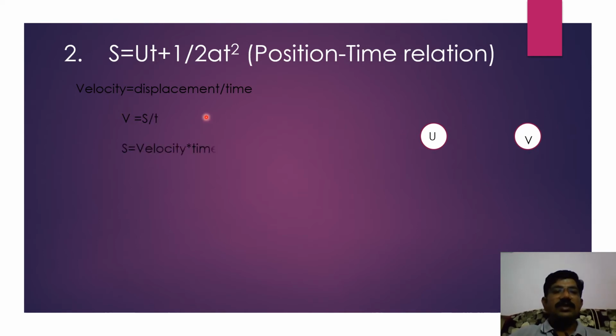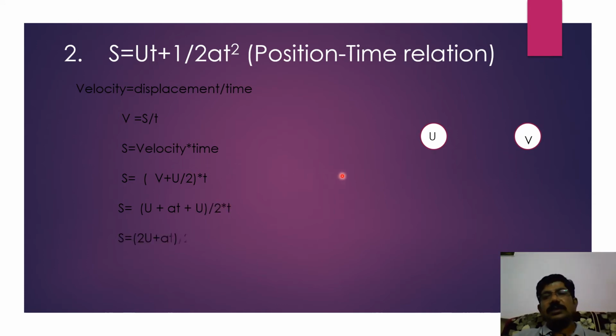From the definition of velocity, we know that velocity is equal to displacement by time, that is rate of displacement is known as the velocity. Now v is equal to s by t, but displacement s is equal to velocity into time. But here the body has two velocities, the initial velocity and the final velocity. So here velocity is the average velocity, that is v plus u by 2, into t.